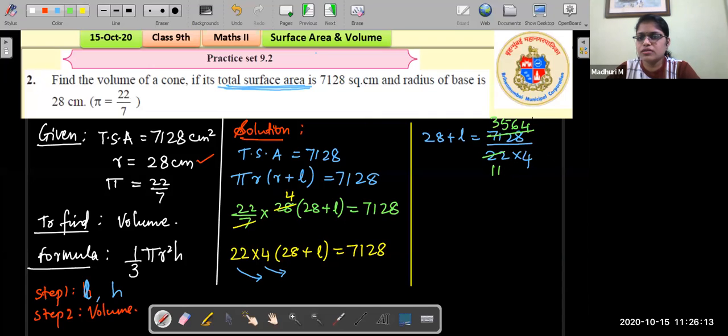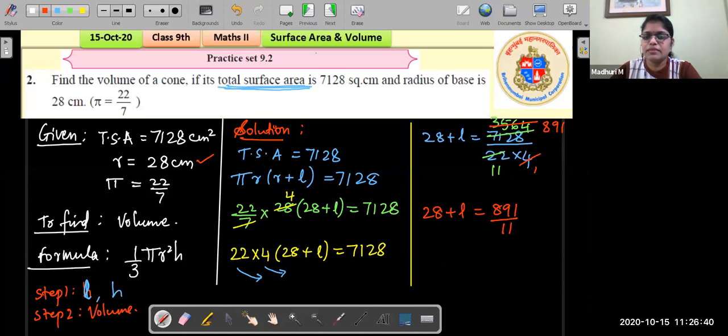So crossing out like that, 4 times 1 is 4, times 8 is 32. We are left with 3, 4 times 9 and 4 times 1, like that, right? So we are left with 28 plus L equals 891 divided by 11.